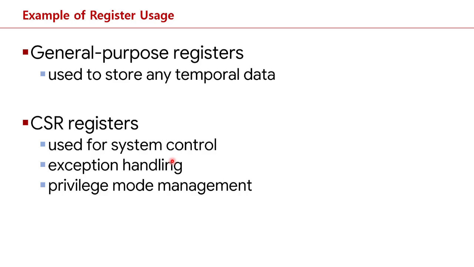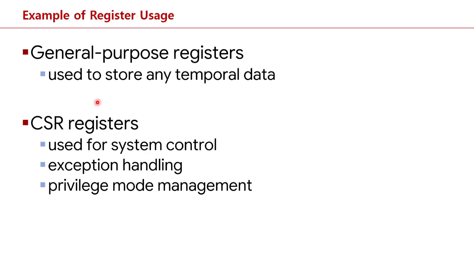Now that we got to know about the nature of the register, let's think about the register in the RISC-V architecture. As we discussed in the previous lecture, we have the general purpose register in the RISC-V architecture. And we have another type of register, the CSR register.